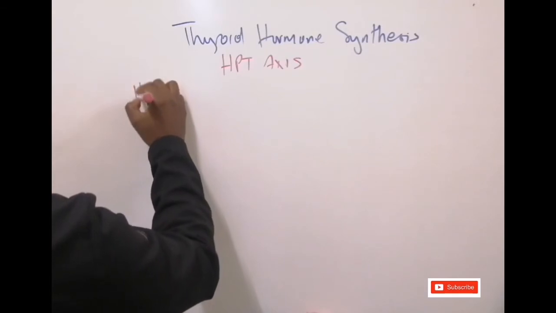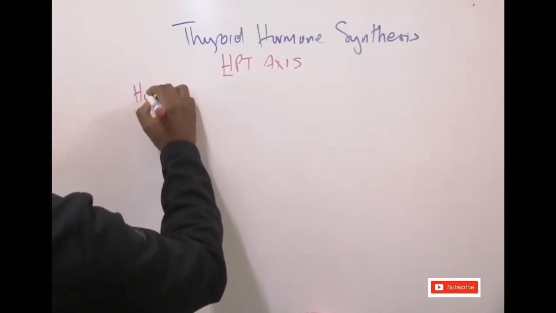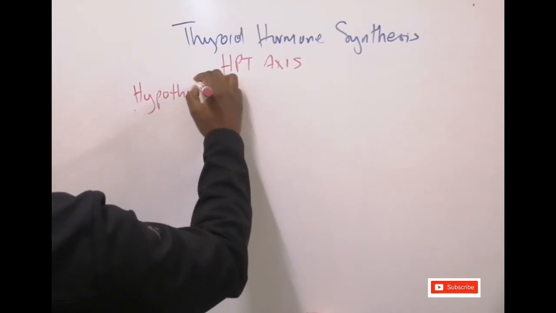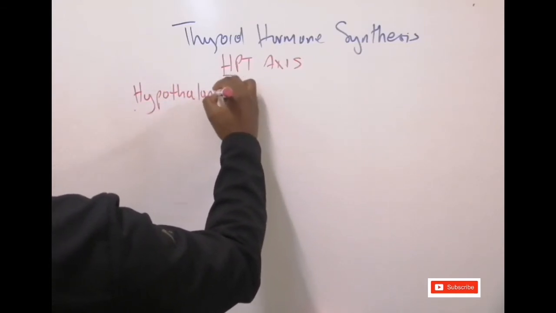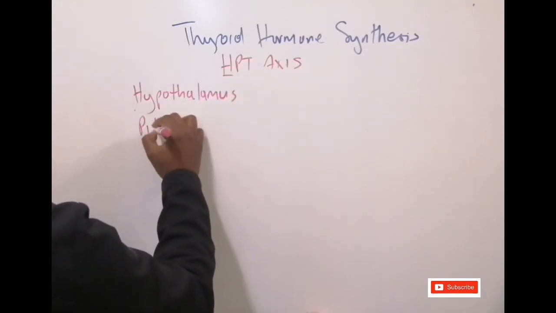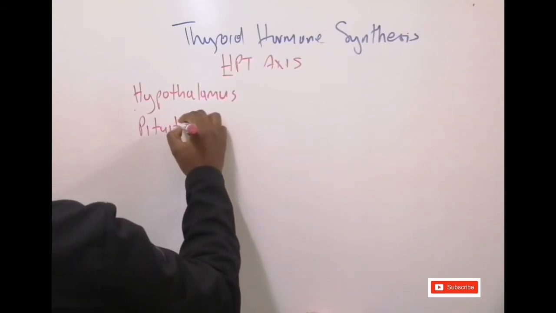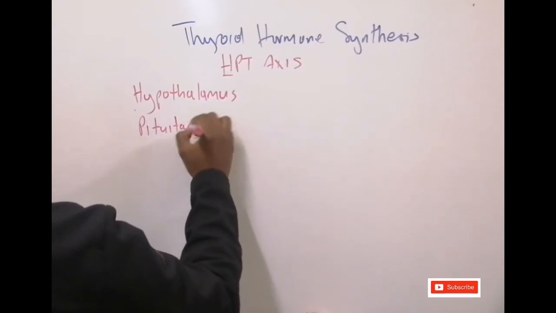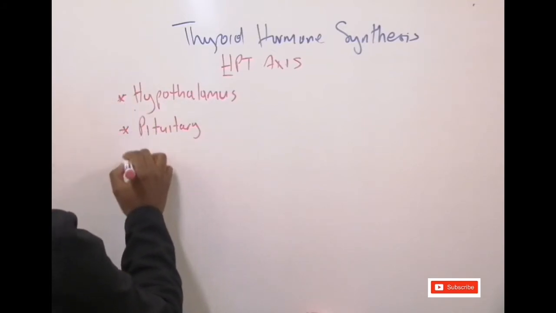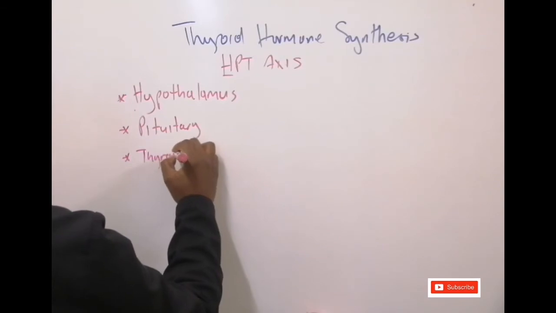The H there is the hypothalamus, the P is the pituitary, and the T is the thyroid.